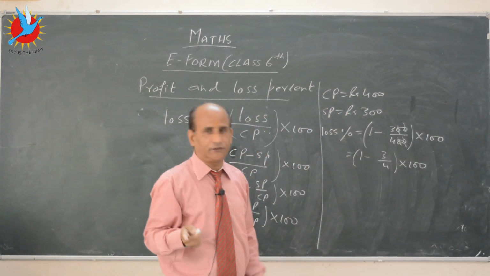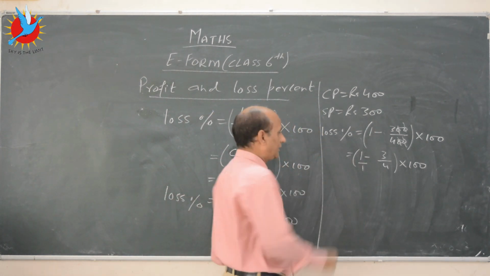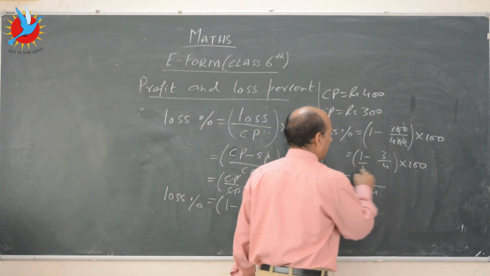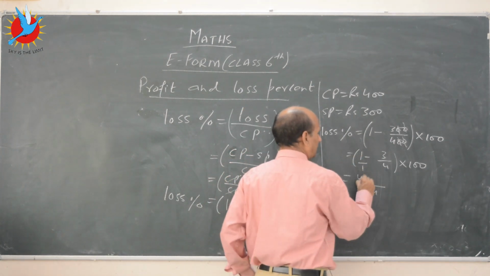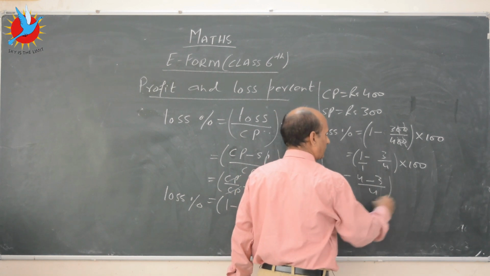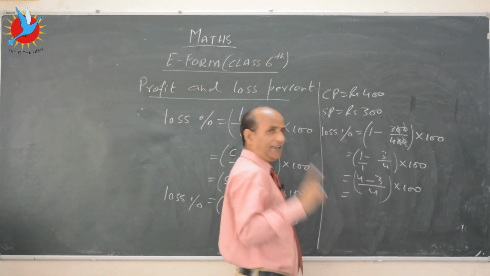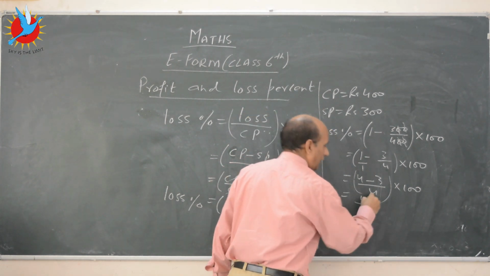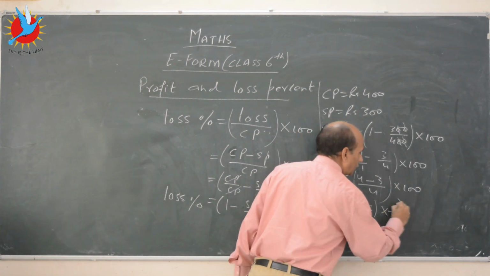For easy calculation, you can take 1 upon 1. Now take 4 as the LCM and do the cross multiplication. 4 times 1 is 4 and 3 times 1 is 3. 4 minus 3 is 1. Here it is 4, multiplied by 100. It is 25%.